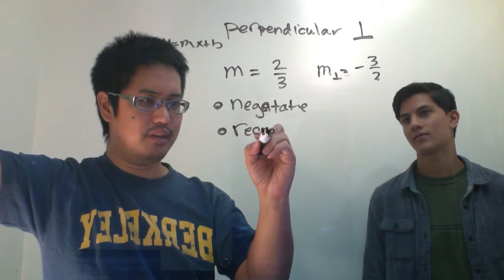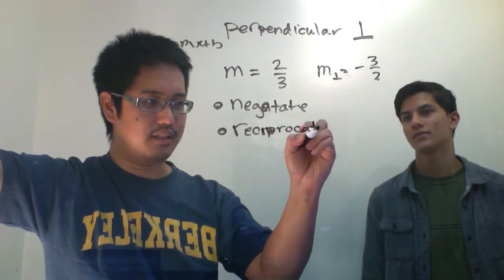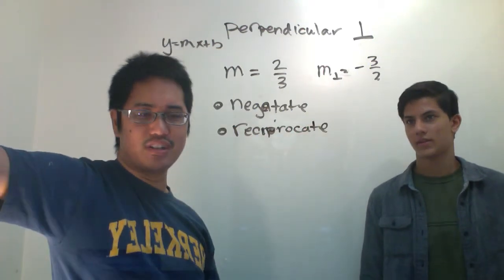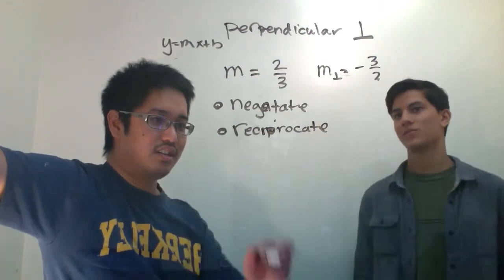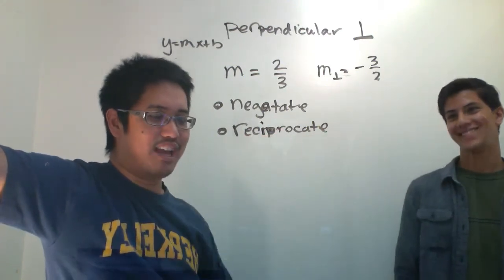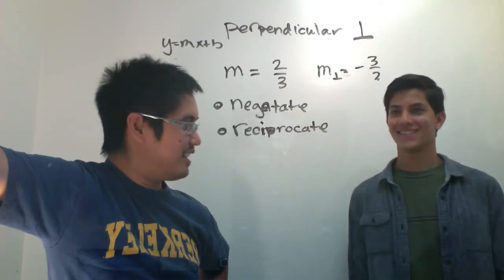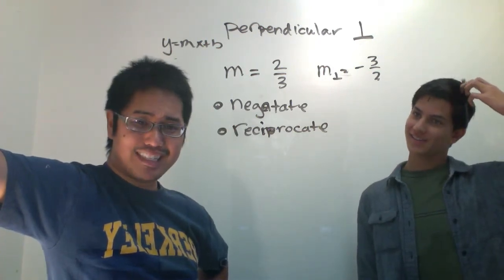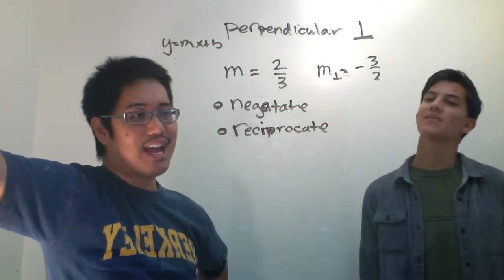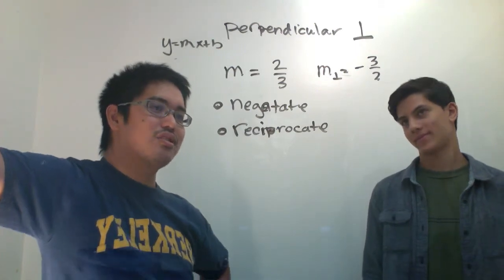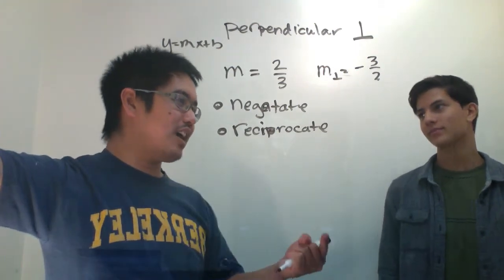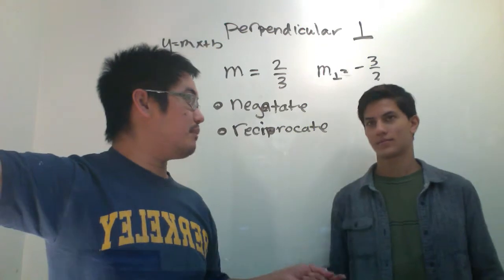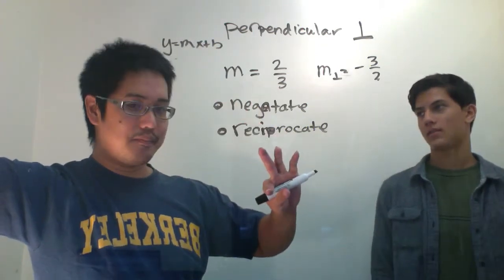I'm a math teacher, not an English teacher. You negatate, reciprocate. You take your slope, you find the negative of that, and then you reciprocate. What reciprocate means is you take that fraction and flip it over.